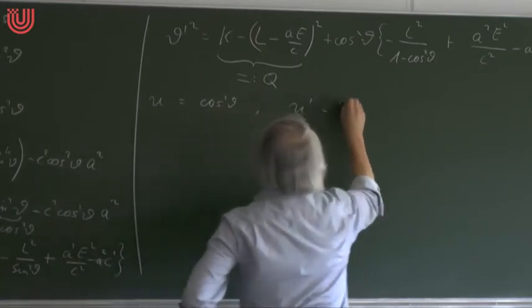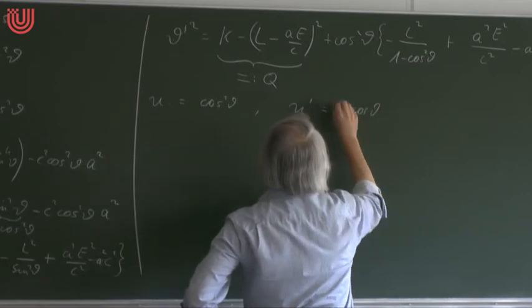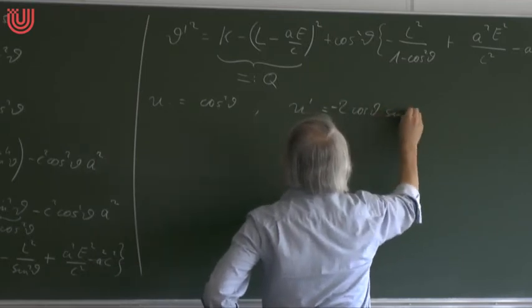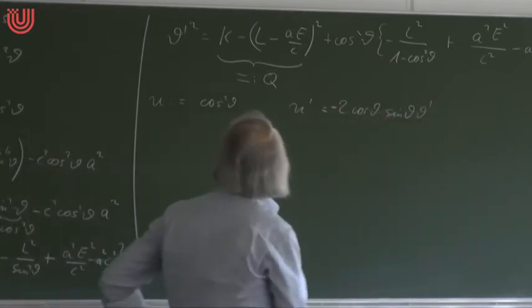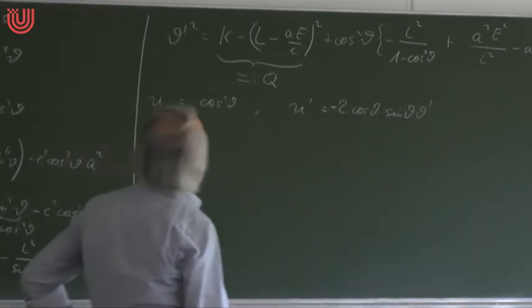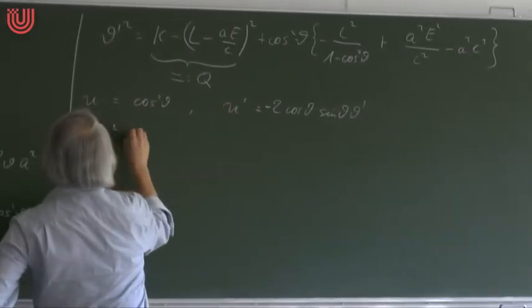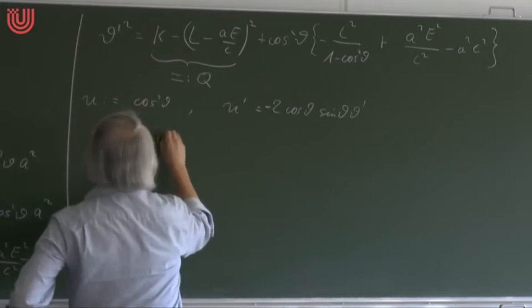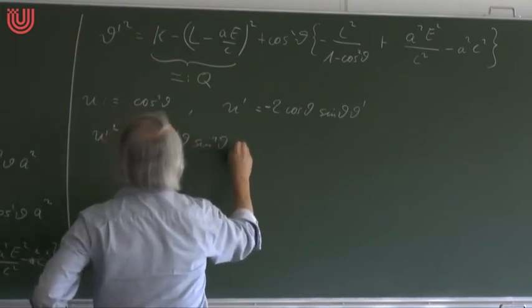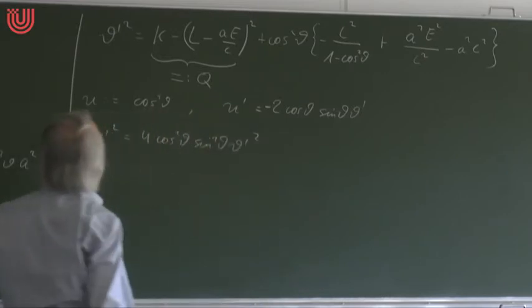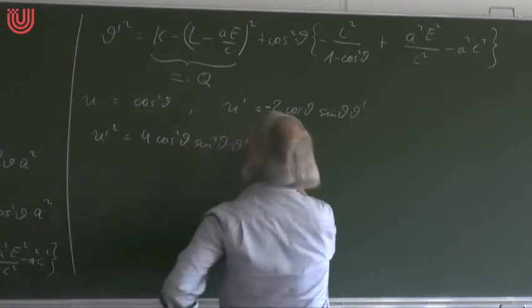What is this? This is 2 times cosine theta, and if I differentiate the cosine, I get the minus sine theta, theta prime. And if I insert this, then my equation becomes what? So I have u prime squared is 4 cosine squared theta sine squared theta, theta prime squared. And theta prime squared I have just calculated here.